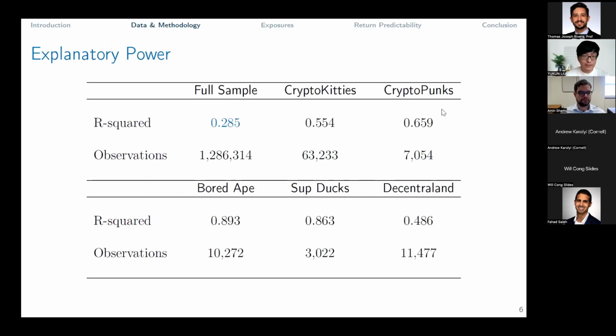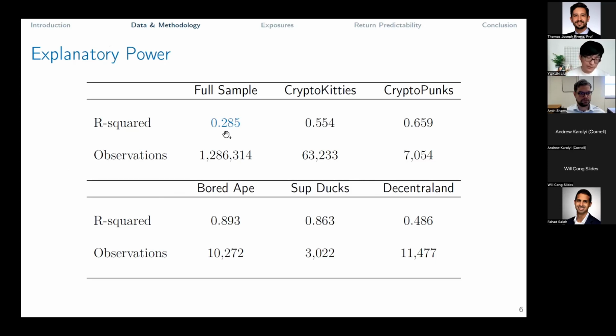So this is the first result. We're thinking about how much that common component, the βt part, can already explain about the cross-sectional returns of each individual NFT. And that R-squared is pretty high. It's almost 30%.